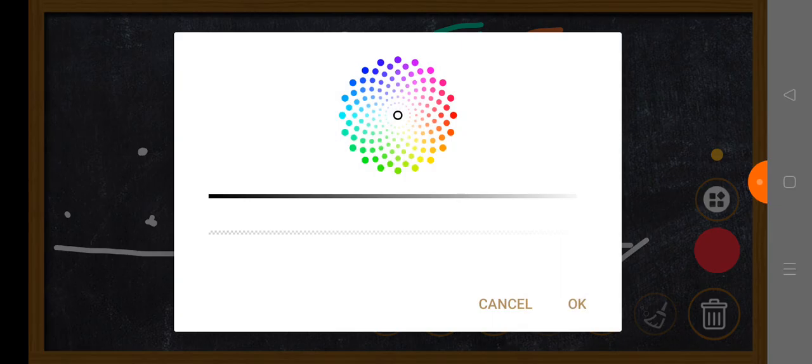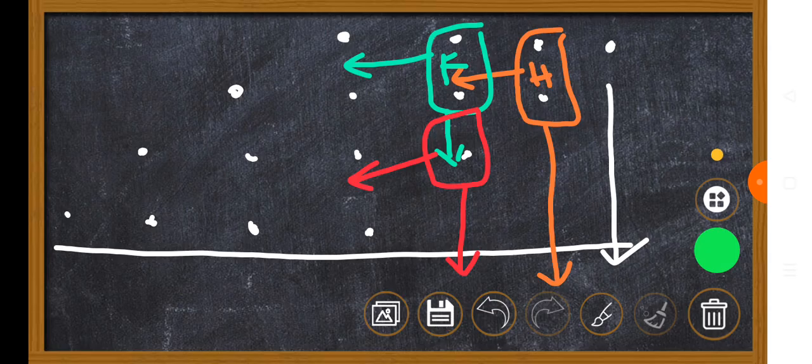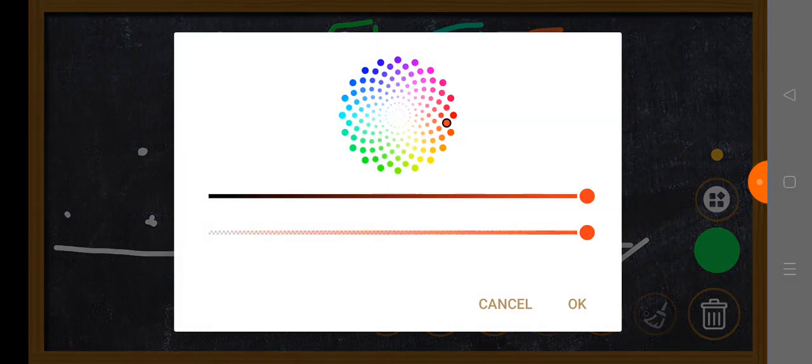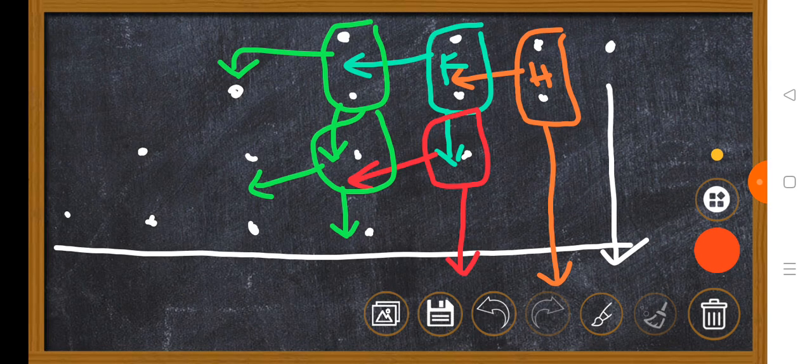And here, full adder, the sum is taken like this, the carry is taken like this. And once again full adder. Is it clear? Full adder, the sum is taken like this, the carry is taken like this. Now you require a half adder.